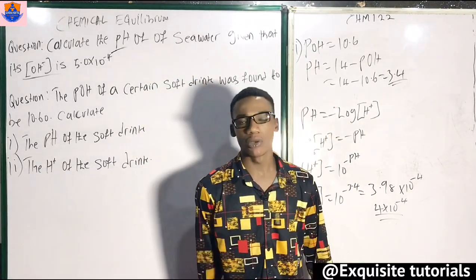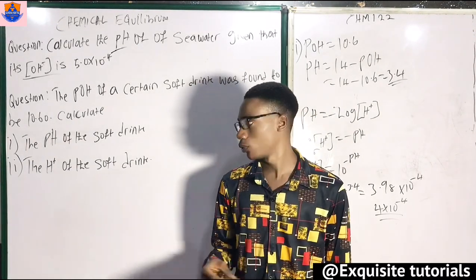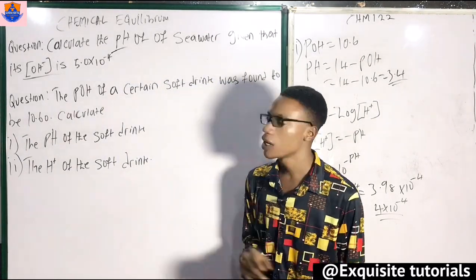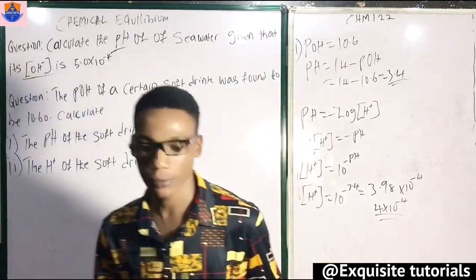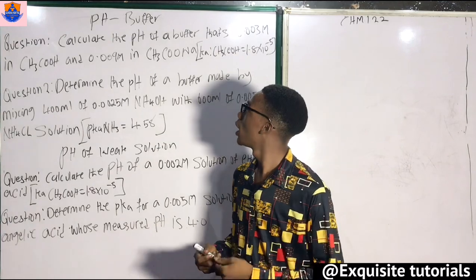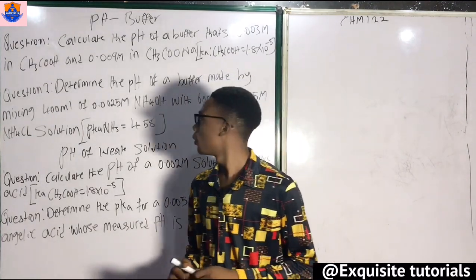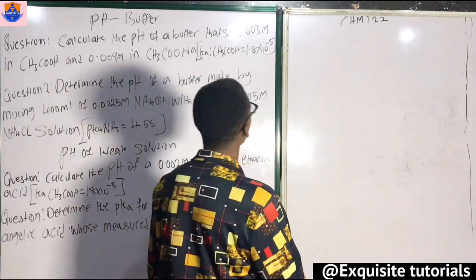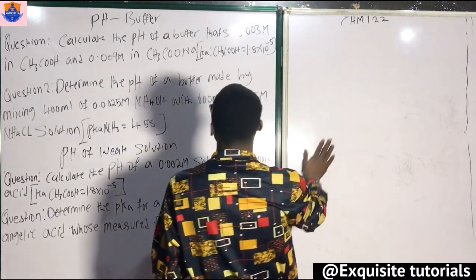So now let me go to pH of buffer solution. It is quite similar to this but different. So now we have jumped into pH of buffers. Let's note some formulas for pH of buffer.